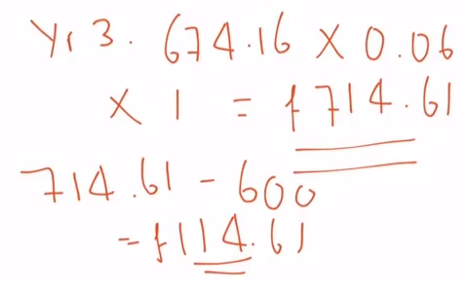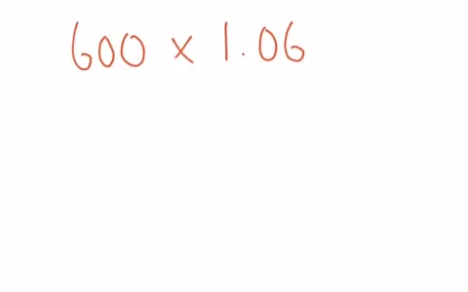Now, there's a quick way of calculating this, and I encourage you all to learn this. The way you can do this is you take the original balance, 600, and you multiply by 1.06, because the interest rate was 6%. So this means you're increasing your 600 balance by 6%.